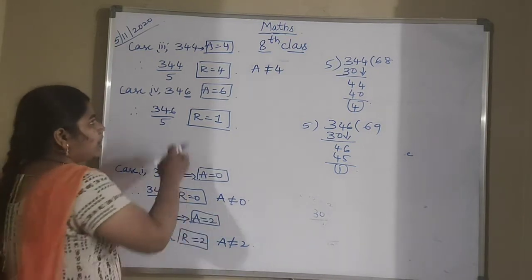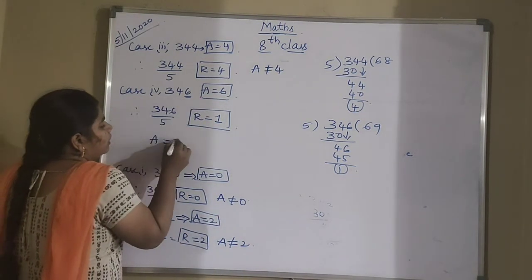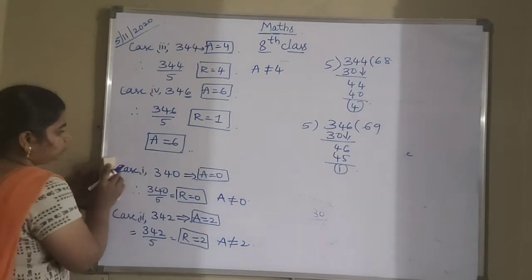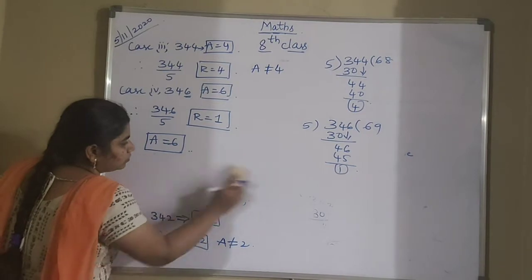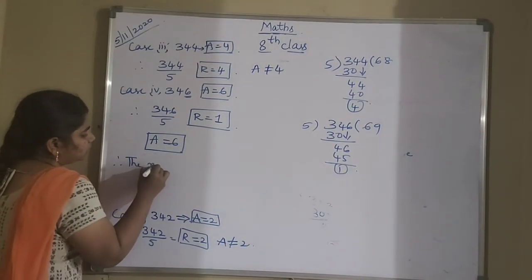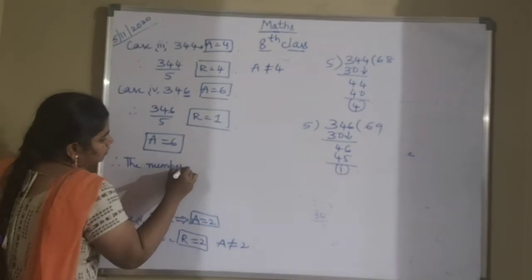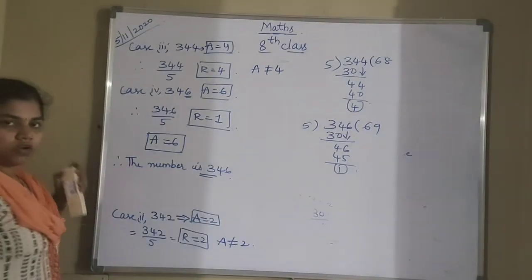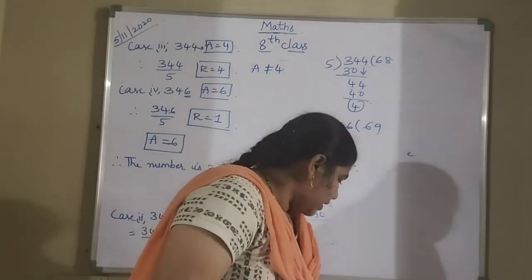So what is the a value now? A will be equal to 6 here. Therefore the number is 346. Okay.